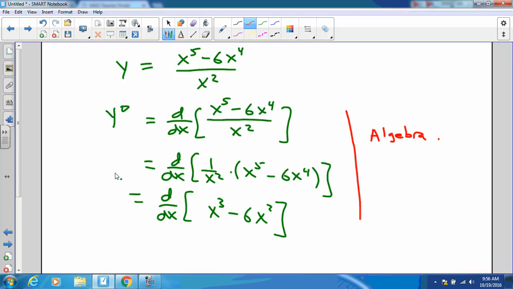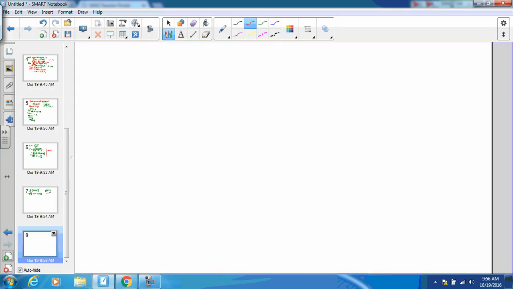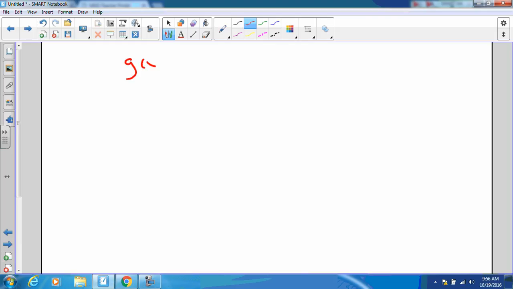Yes, sir. I was working on the tangent line of a graph. I did all the math right, but I got different answers. Okay, let's see. Which one? g of x equals x squared plus the square root of x.